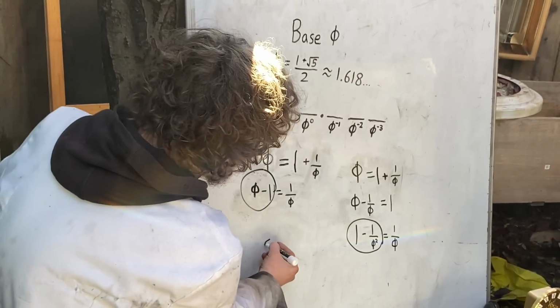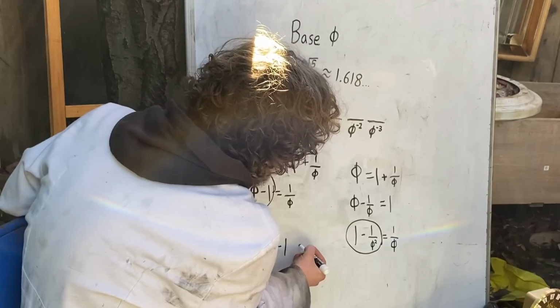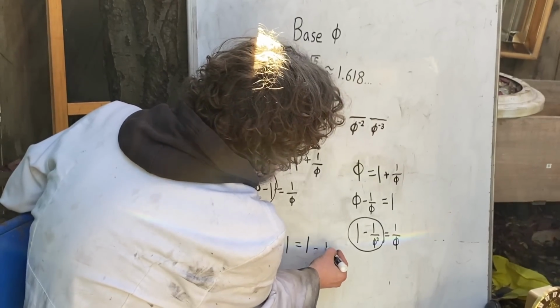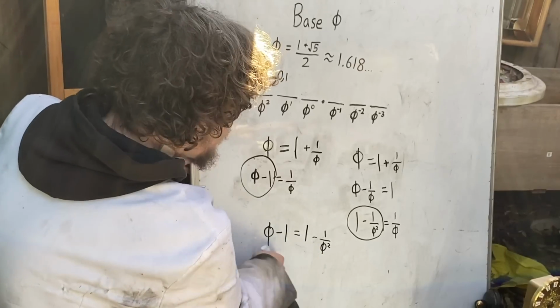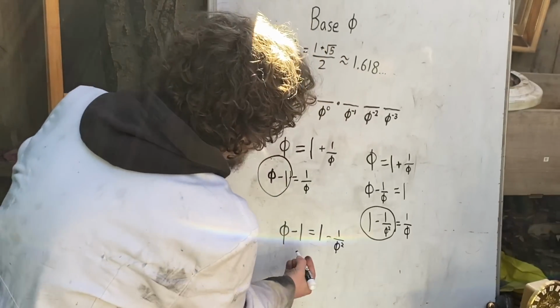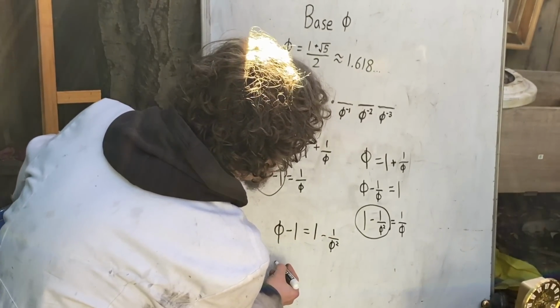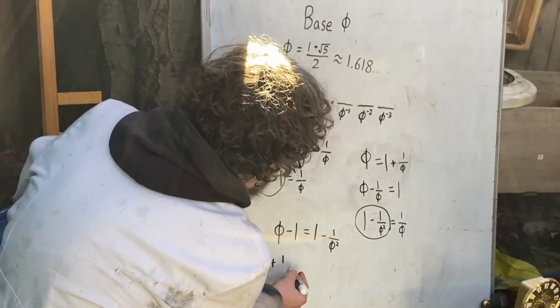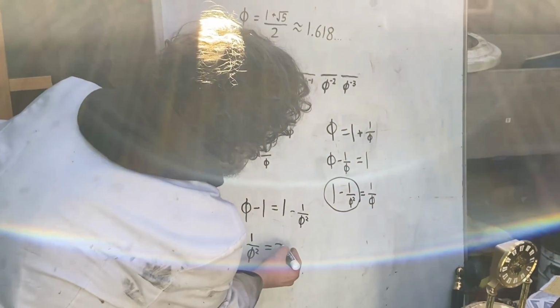We can substitute them together to say golden ratio minus 1 was equal to 1 minus 1 over the golden ratio squared. And now we can shuffle over our terms, add that to each side, and add the 1 to each side, and we're left with the golden ratio plus 1 over the golden ratio squared equals 2.